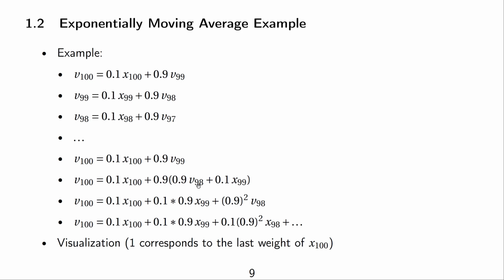The order has changed, but it's correct, and then you can multiply it out. Doing this a few more times, you see the pattern is pretty simple. It's always 0.1 times the value, plus 0.1 times 0.9 times the next, plus 0.1 times 0.9 squared times the next, and so on and so forth. So this value here, 0.9, will be raised to more and more power.